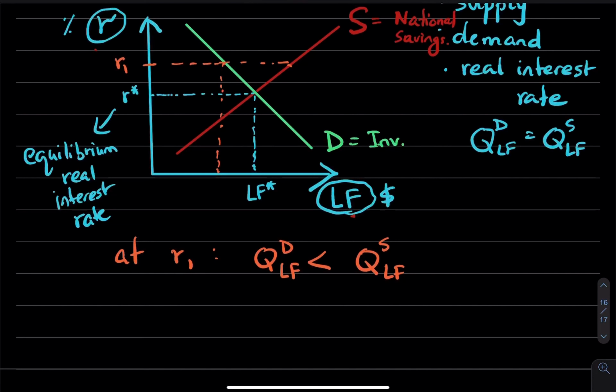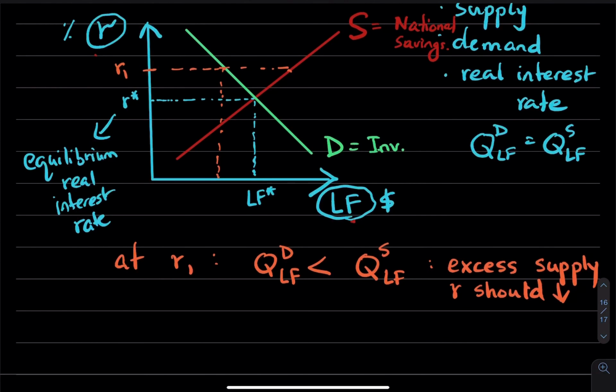So at this point, there is excess supply, and whenever there is excess supply in the market, the price must drop. So R should decrease and get to R star.